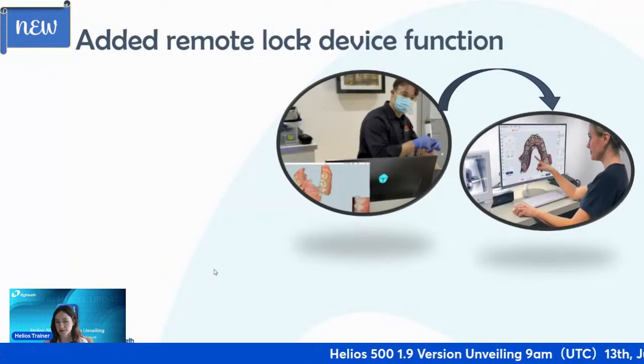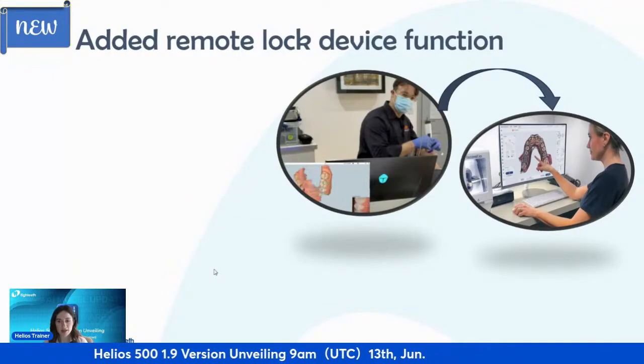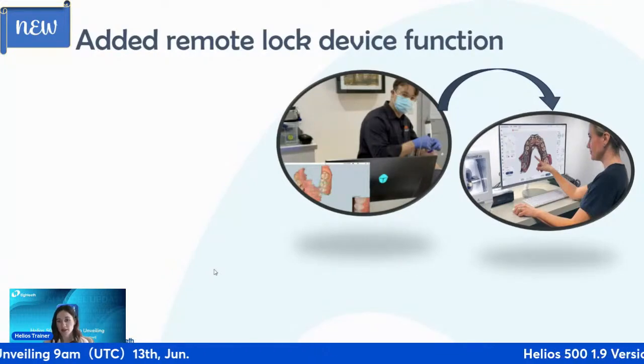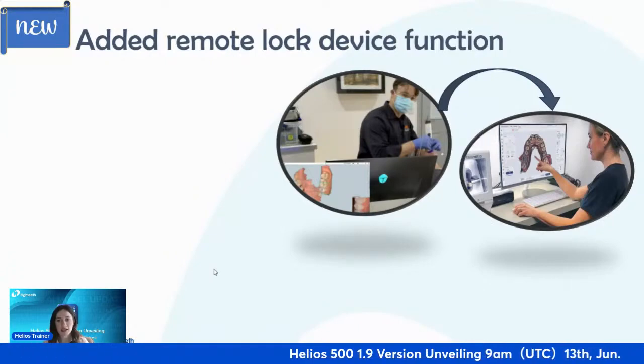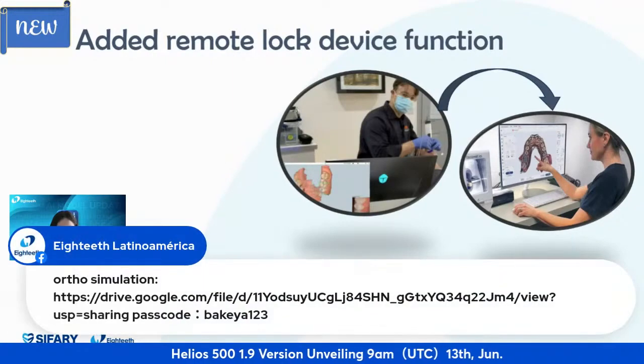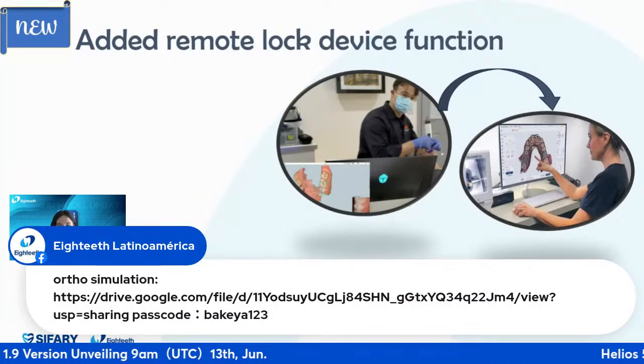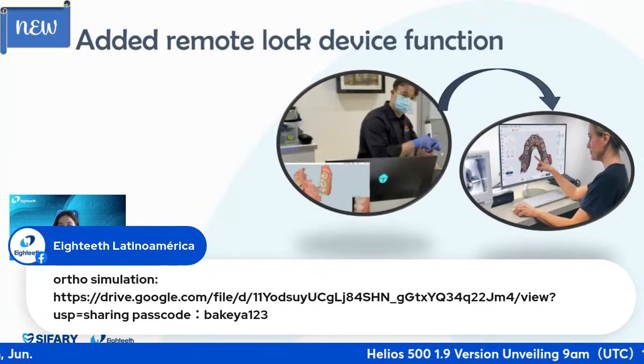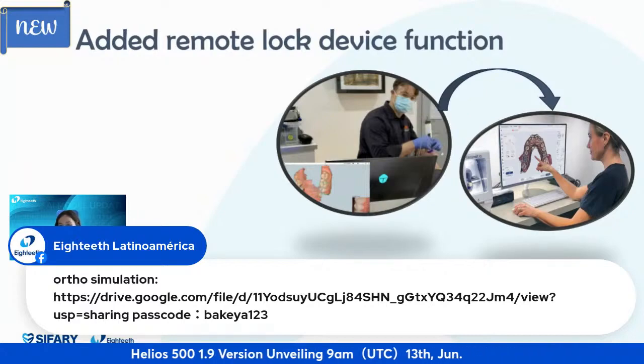This function is related to dental laboratories. Say I'm a laboratory and I purchase a scanner in order to work collaboratively with my partner clinics, and I'm providing the scanner to my partner clinics.